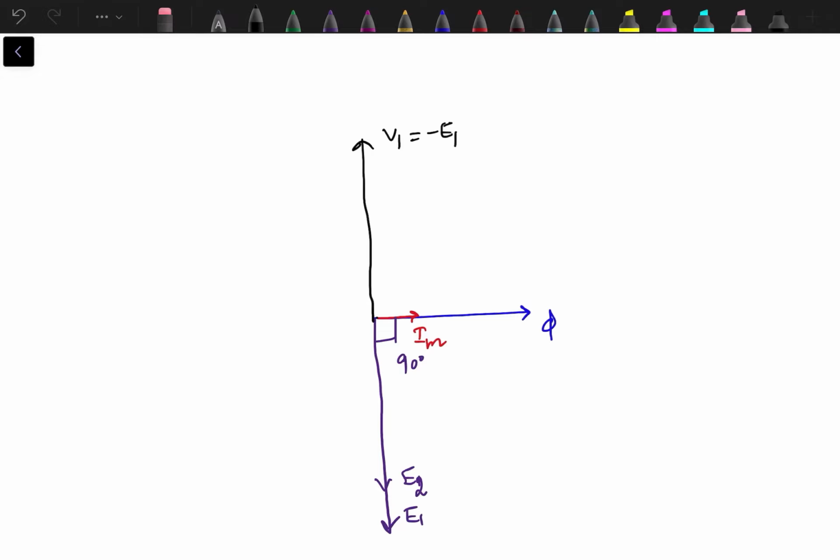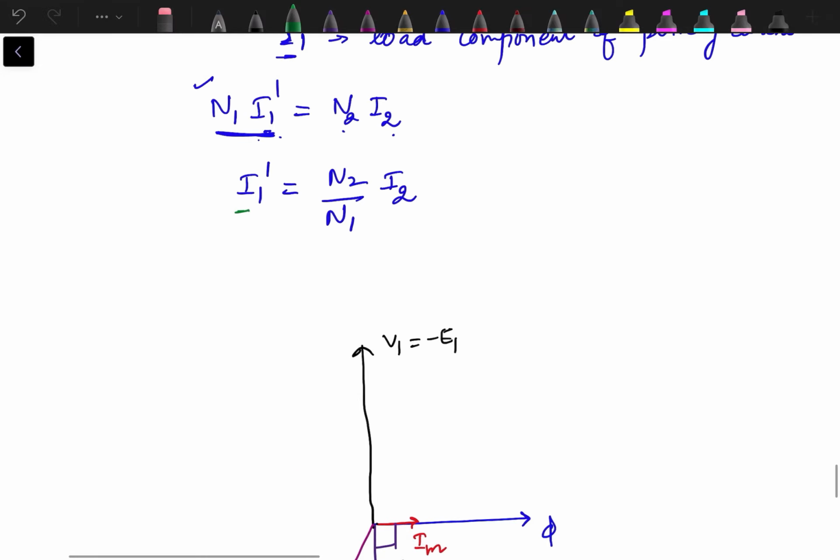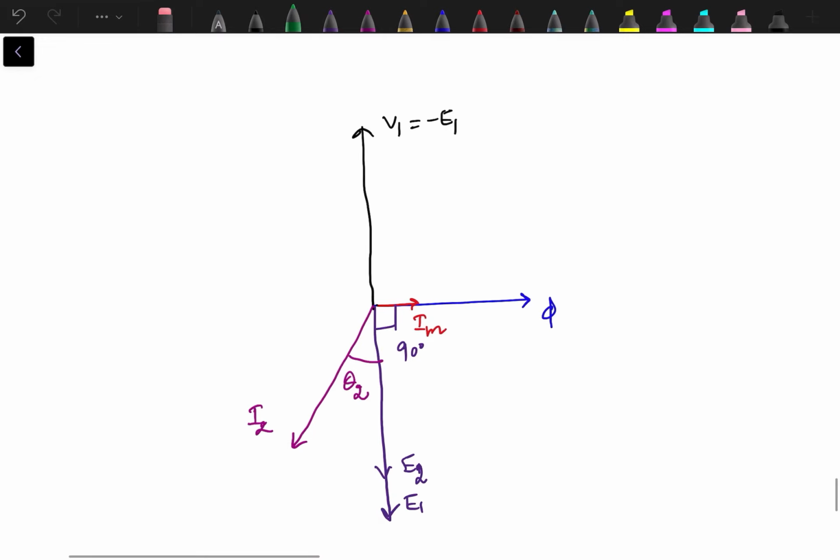If we assume that we have a lagging power factor load, and I2, this is angle theta 2, then I1 dash is at 180 degrees to I2.